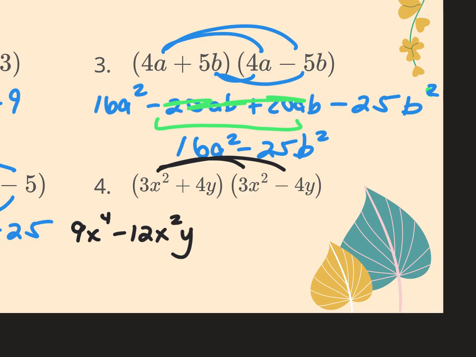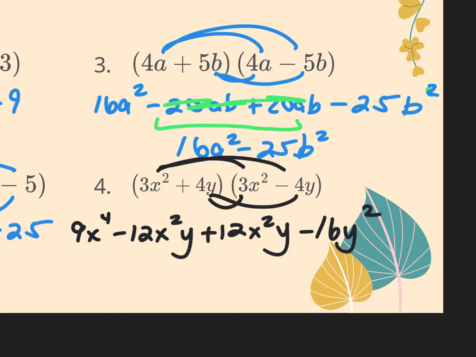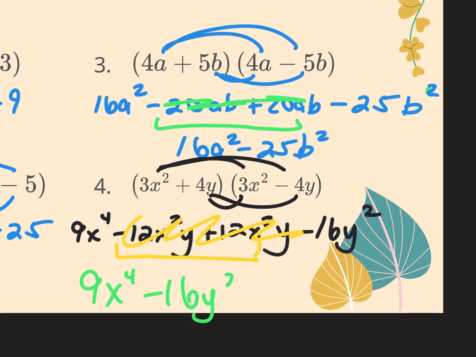Again, I put the x first just because in the alphabet it comes first. 4y times 3x squared is a positive 12x squared y. And then what's positive 4y and a negative 4y? Minus 16 what? y squared. What happens here in the middle, guys? It cancels, which is what we needed it to do. So we have 9x to the fourth minus 16y squared.